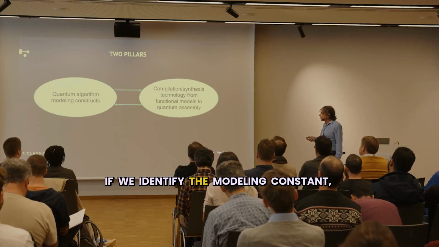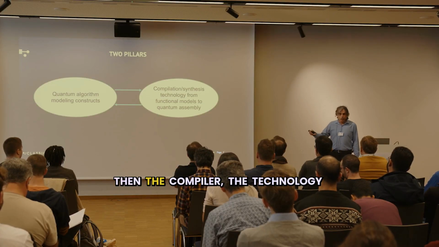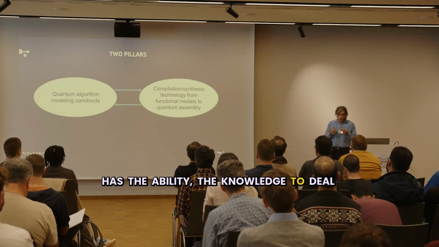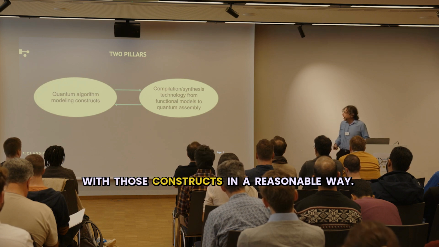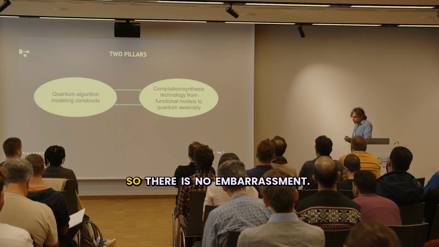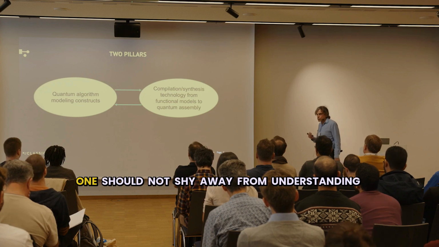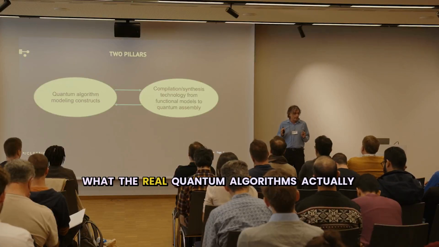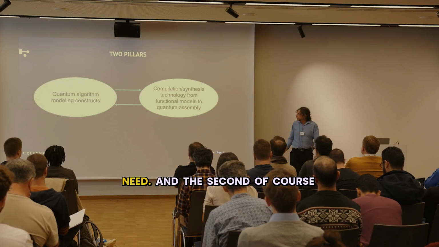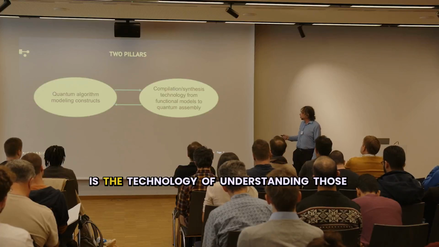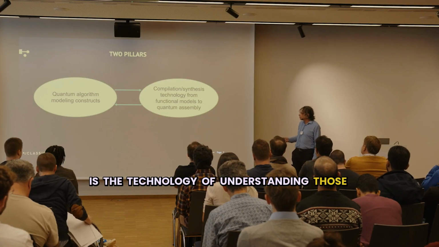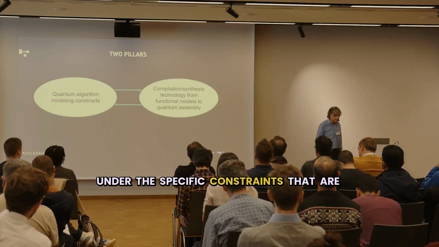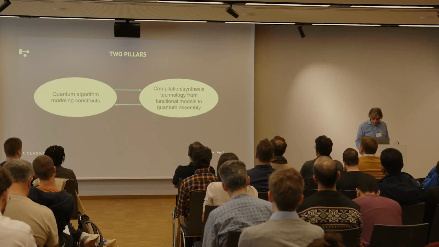If we identify the modeling constructs, then the compiler, the technology, has the knowledge to deal with those constructs in a reasonable way. So there is no embarrassment. One should not shy away from understanding what real quantum algorithms actually need. And the second, of course, is the technology of understanding those constructs and implementing them under the specific constraints that are in force.